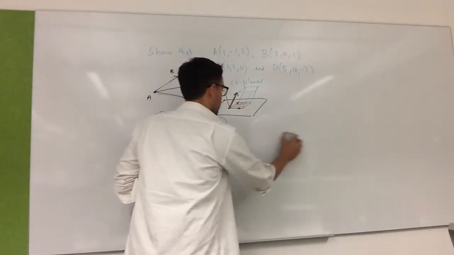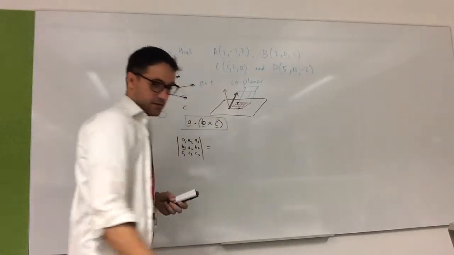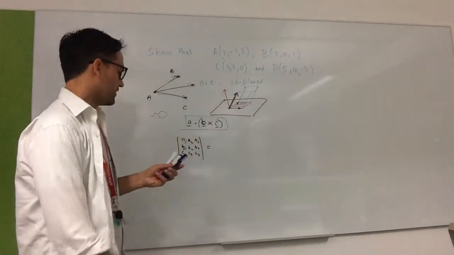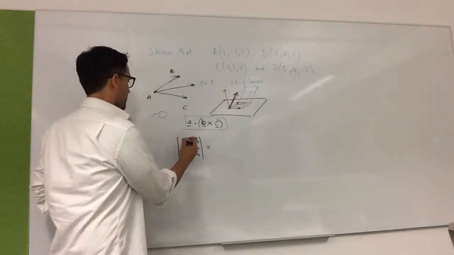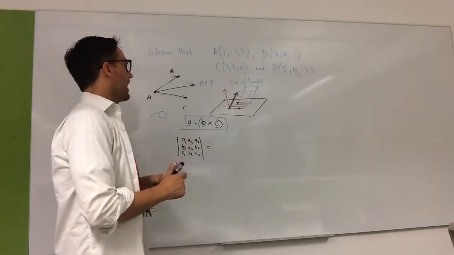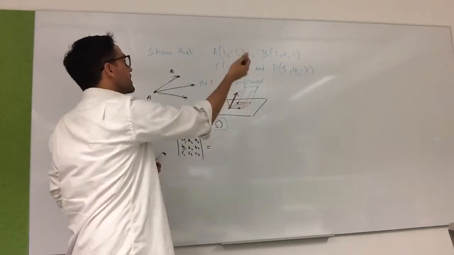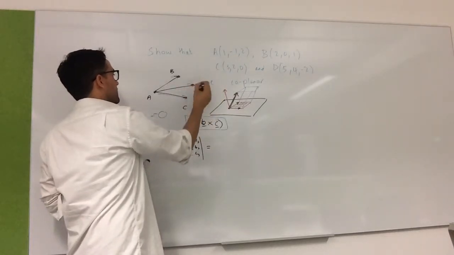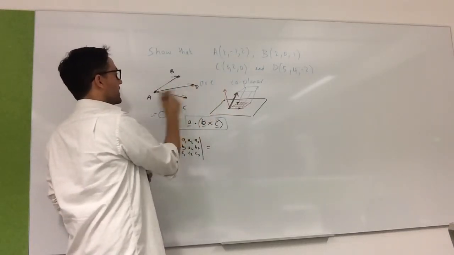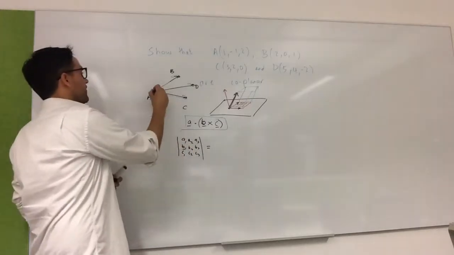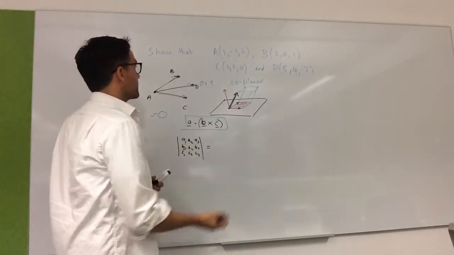So we just take our 3, we have to define our 3 vectors first, which is slightly harder than nothing at all, but we can do that. So let's do these three vectors: A to B, A to C, and A to D, all coming from the same point.